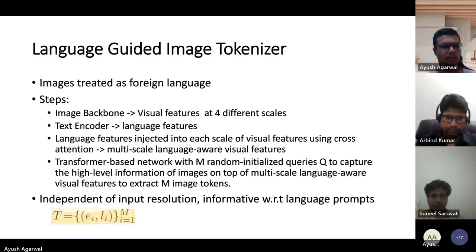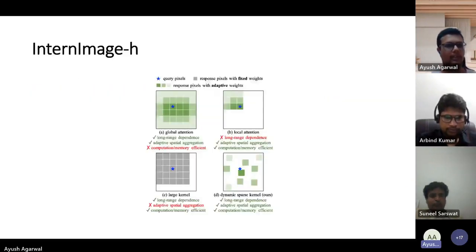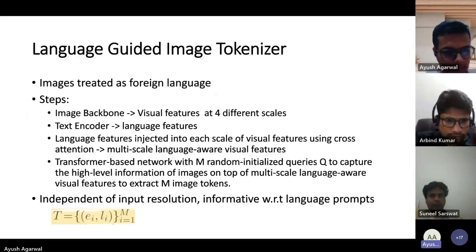After this is done, we use a transformer-based network with n randomly initialized queries to capture the high-level information of images on top of these features that we obtain here. For this, they have used an architecture called deformable DETR that we will see in some detail shortly.